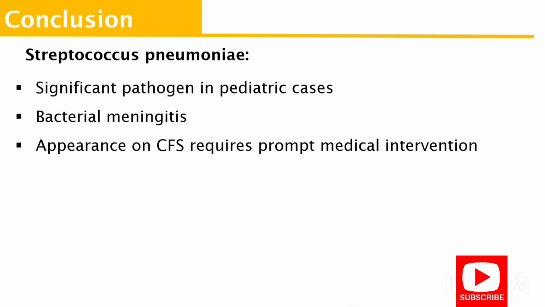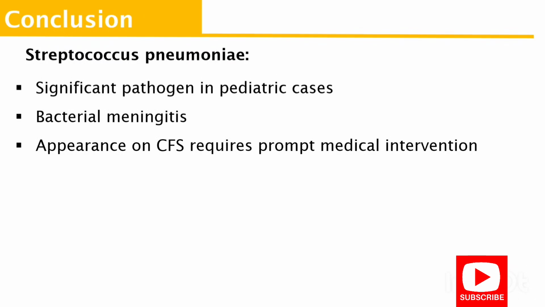So the appearance in the CSF requires prompt medical intervention. Once such a thing is seen, it is a strong indication that there is a problem, and it needs to be investigated so that the child will not suffer, and possibly be left with deformity. Remember that the CSF and meninges are all connected. They are part of your central nervous system, connected to the communication of everything that happens in the body.